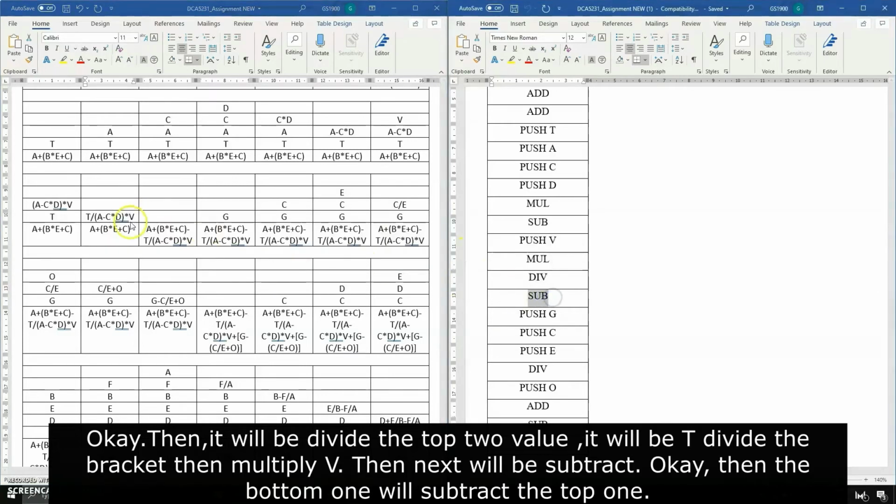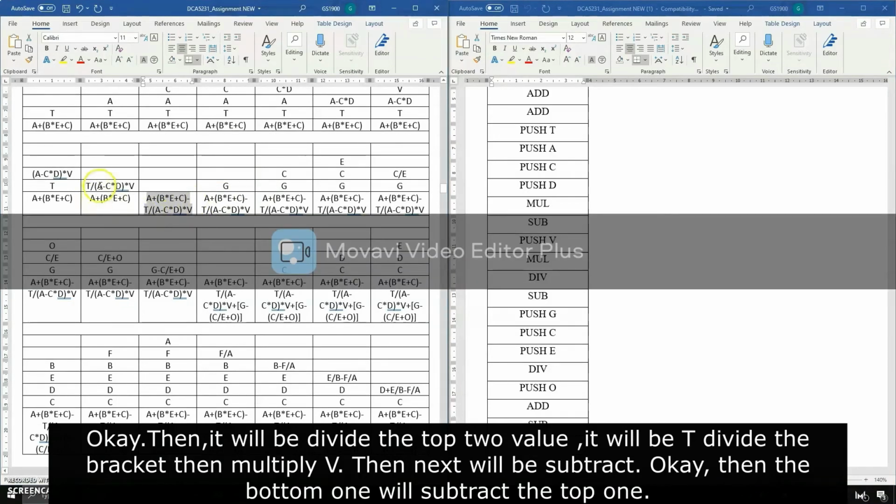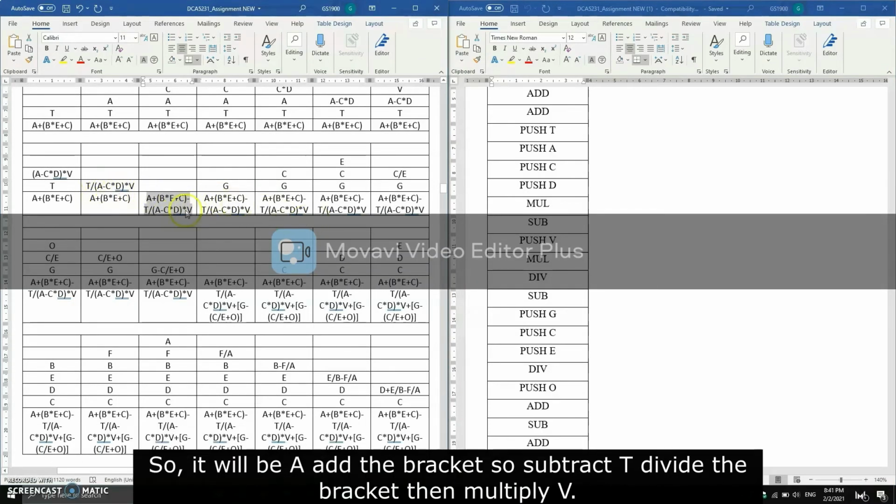Then next will be subtract. Okay, then the bottom one will subtract the top one. So it will be A add the bracket.